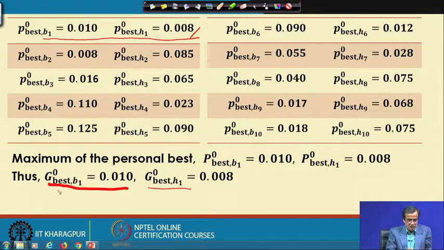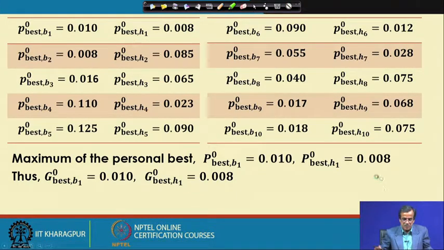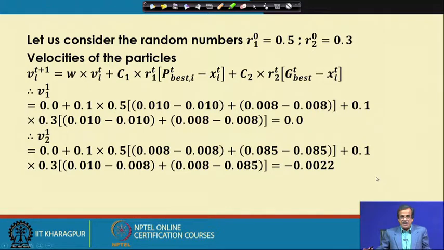So, till now we have got the globally best solution, and at the same time we have also identified and already assigned the personal best for each of these design variables. Once you have got the personal best for each of the design variables and the globally best solution, now we are in a position to find out what should be the updated value for the weight or the velocity.